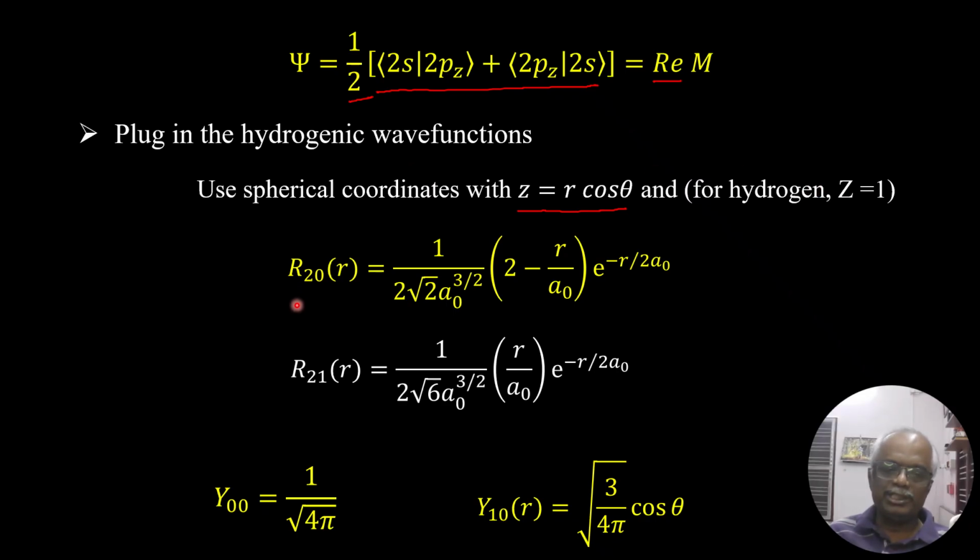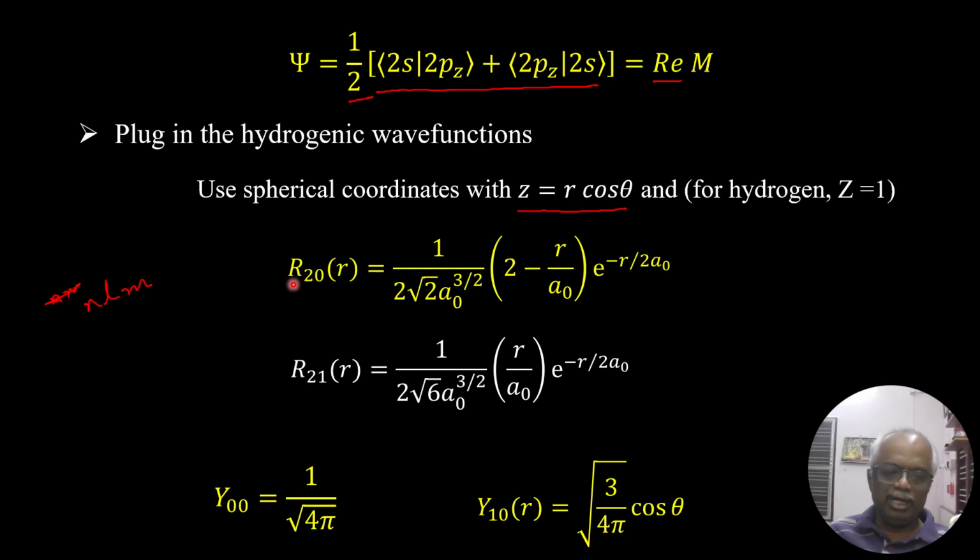The radial wave function R sub n l, we have solved many problems using R sub n l. Here n is equal to 2 and l equal to 0, so no need to worry about m because l is 0.